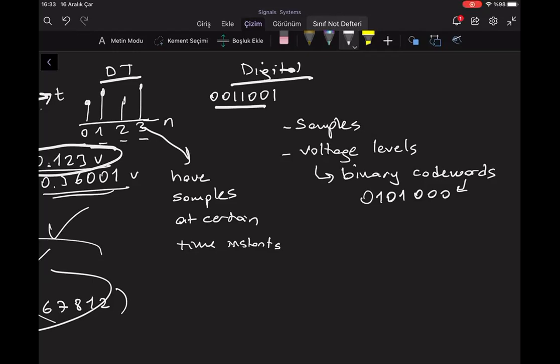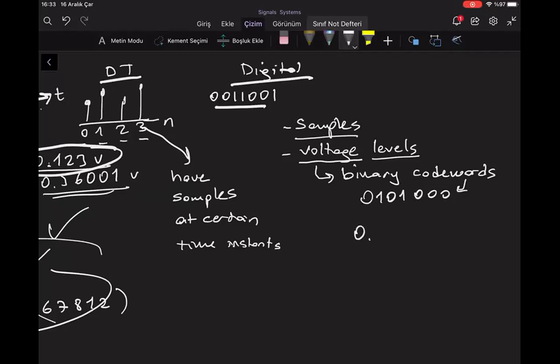I have voltage levels. Why is my voltage level restricted to certain voltages? Because we cannot represent the infinite value in codes. Very nice. Memory restriction. I do not have enough code words to represent all voltage levels, right?